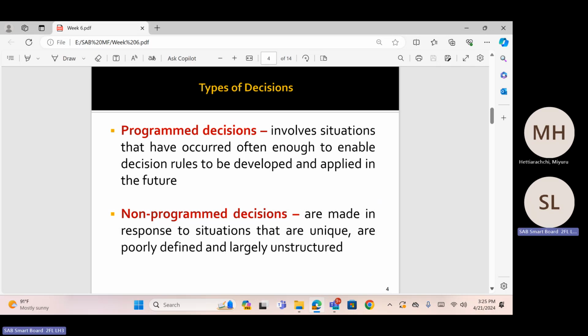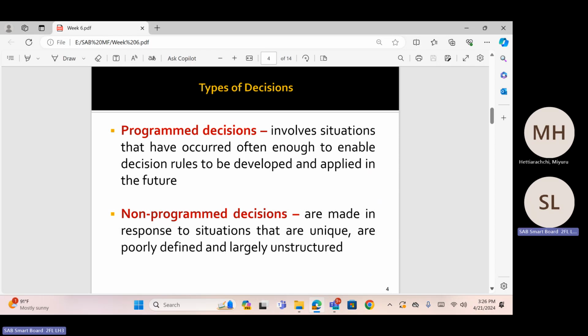Then these decisions involve situations that occur very often, regularly. Therefore, the decision maker can easily apply the decision rules to resolve these problems. Yeah, operational level problems. So another way you can use the term problem.